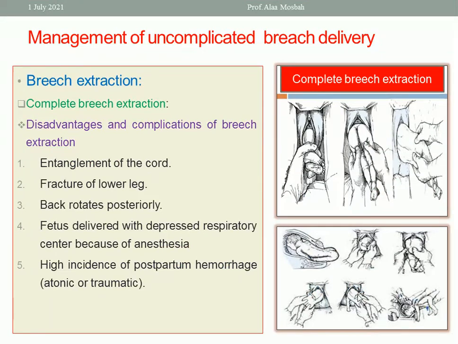Disadvantages and complications of breech extraction: entanglement of the cord, fracture of the lower jaw, back rotates posterior, fetus delivered before the respiratory center is ready, high incidence of postpartum hemorrhage, also the risk of anesthesia.